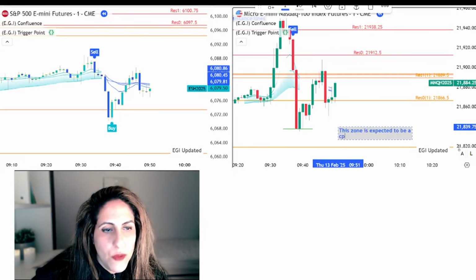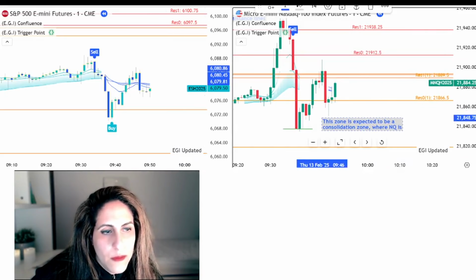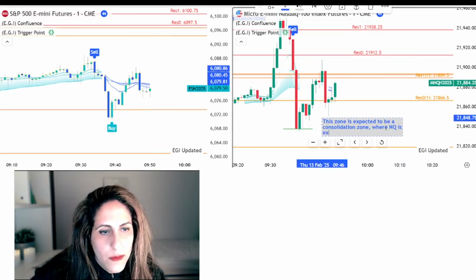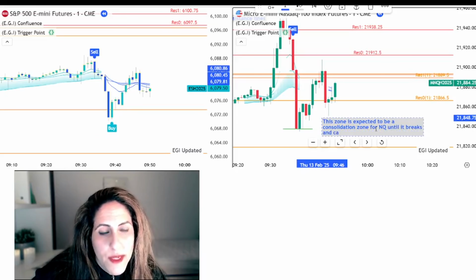To be a consolidation zone where NQ is, okay, so this zone is expected to be a consolidation zone for NQ until it breaks and catches its direction.